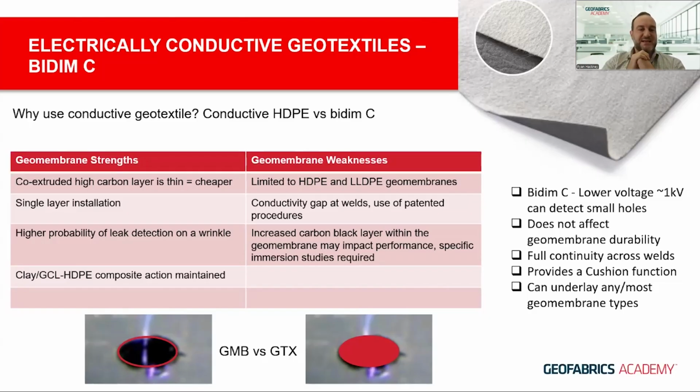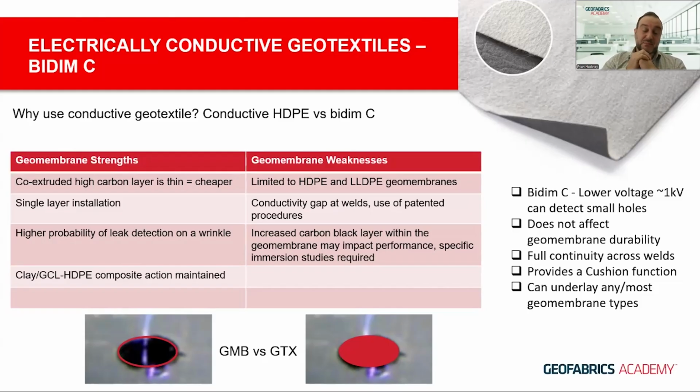There's no detachment, there's no air gap, and that clay GCL or HDPE composite action can be maintained because there's nothing in between the subgrade or the GCL and the HDPE.